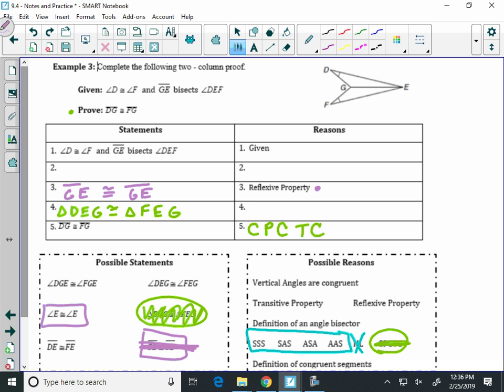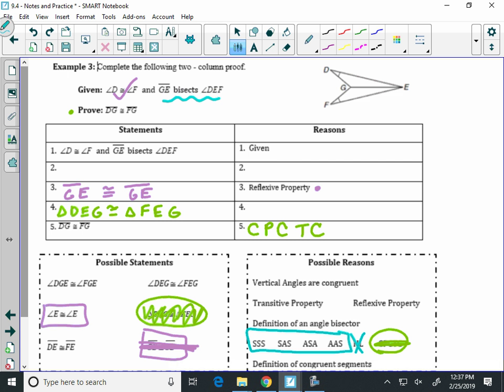Okay. If we go back to our given information, they said that D is congruent to F. They marked it. So we took care of it. We don't have to mark it. And then it says GE bisects angle DEF. So what is our reason for number 2? What is that going to be? Definition of an angle bisector.